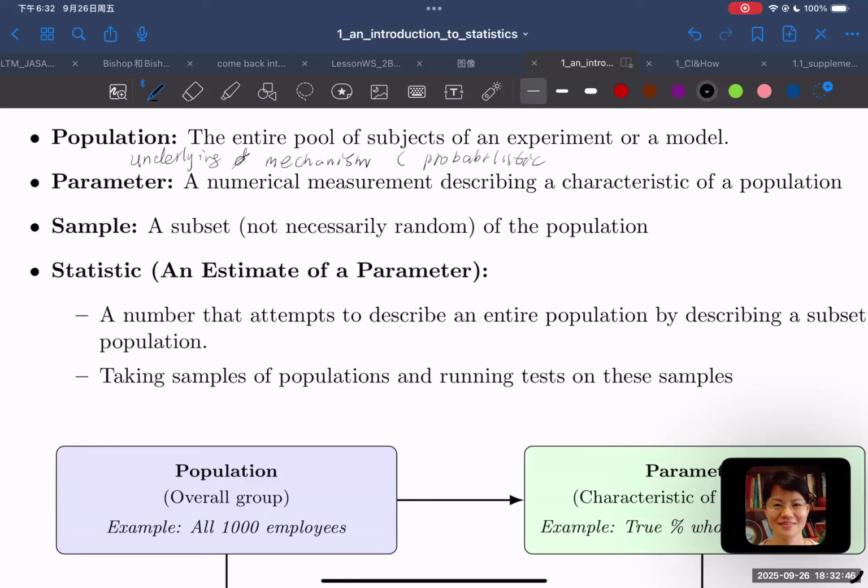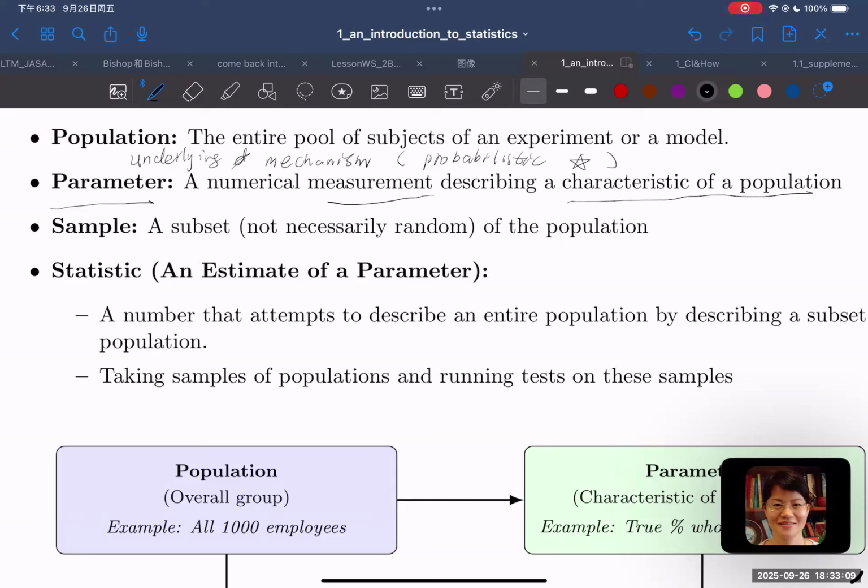Yeah, this would be some probabilistic distribution or some other things. Yeah, so this population, and then it comes out the parameter. So for parameter here, you may consider this is a numerical measurement describing the characteristics of a population.